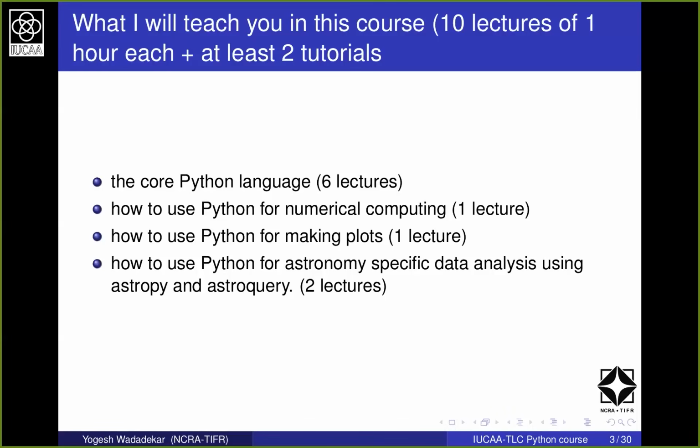It will have one lecture on how to make figures and plots using Python. And it will have two lectures which will be astronomy data specific, which will talk about the Python tools that are available specifically for astronomical data analysis.